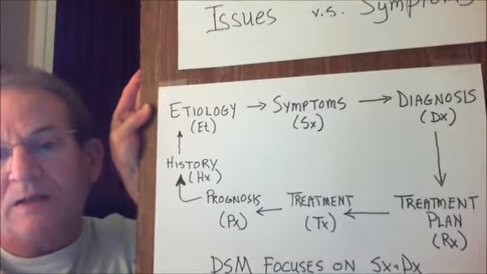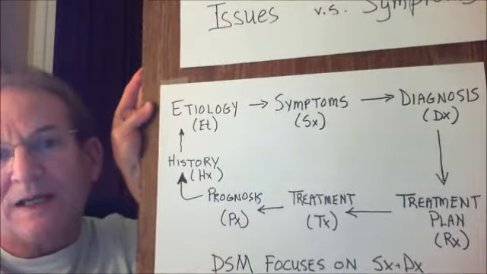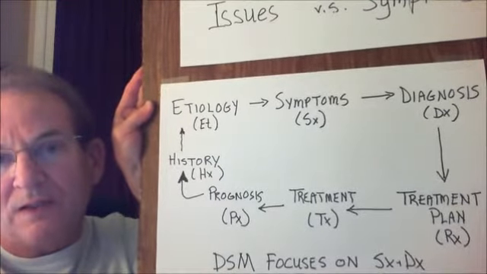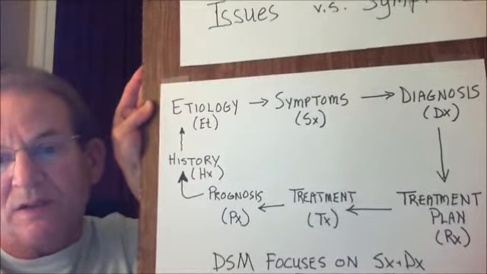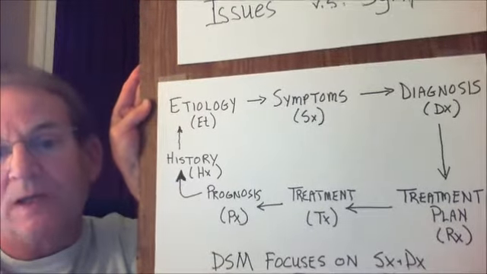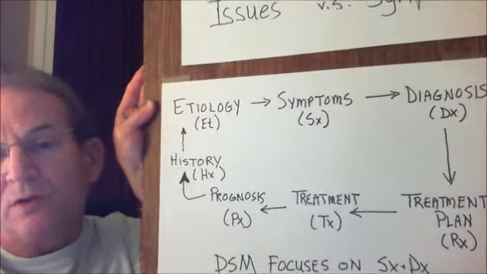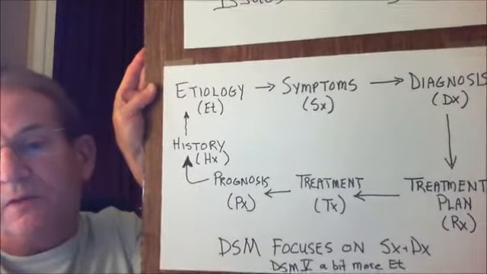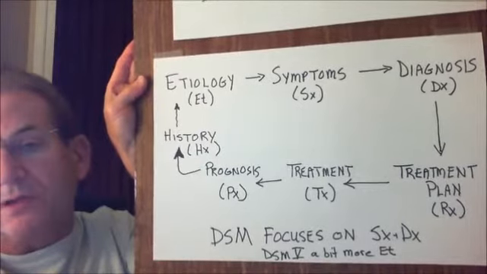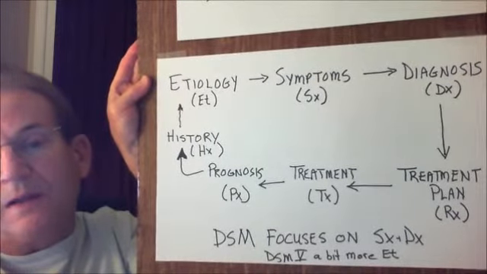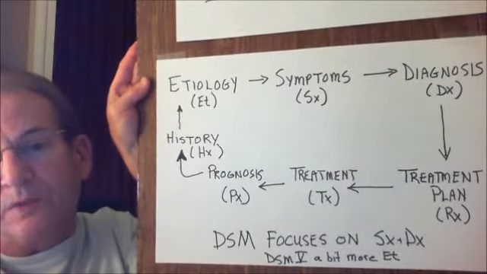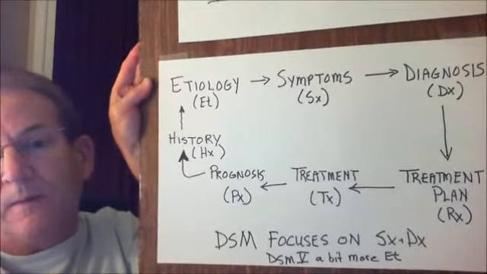Once the treatment plan is put in place, there's the actual application of that plan in concrete interventions, which is treatment, abbreviated TX, okay? Based on the availability of effective treatments and a clear diagnosis and a clear plan, we can identify the prognosis for a client's recovery, and that's abbreviated PX.